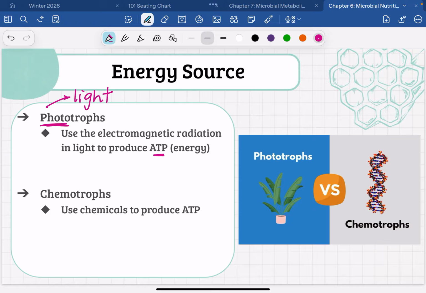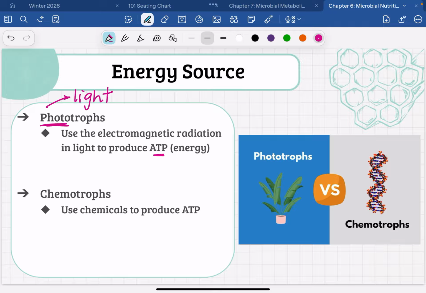Now that process is fantastically complicated, and if you ever talk about photosynthesis and chloroplasts and things like that, you'll see how that actually works. In this class, we're not really talking about that. Okay, it's a lot of biochemistry, and it's very complicated. But all you have to remember is that phototrophs take light energy and turn it into ATP, which is like chemical energy.